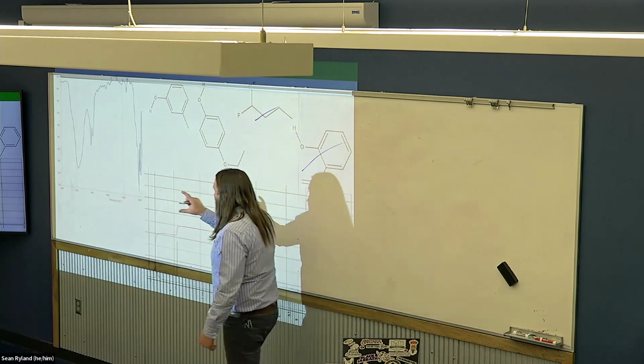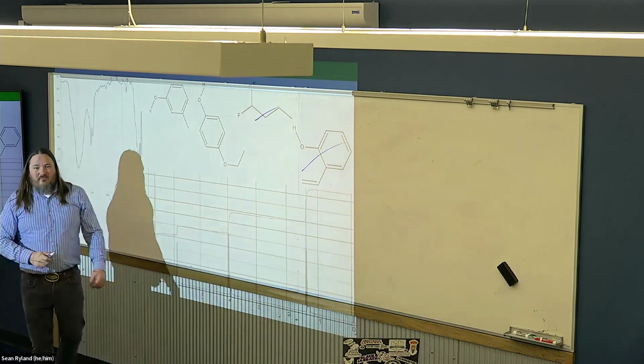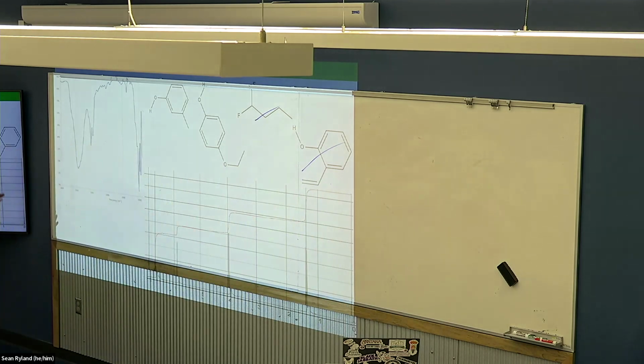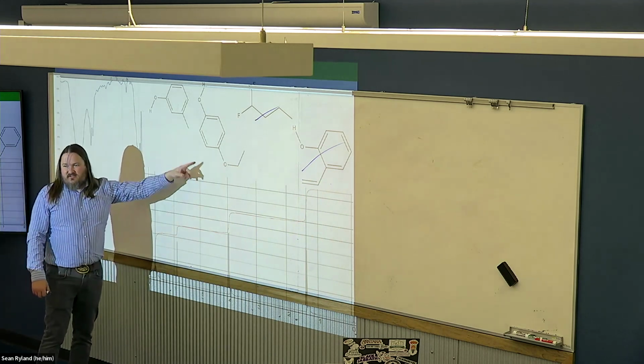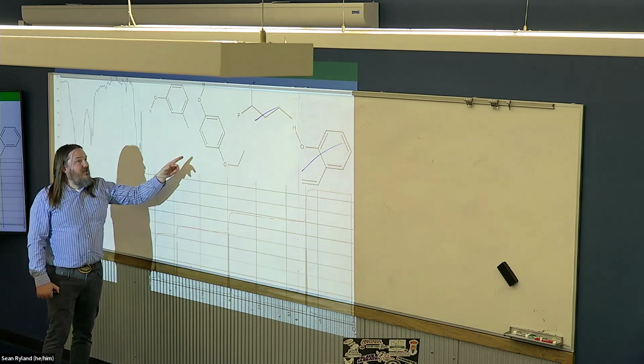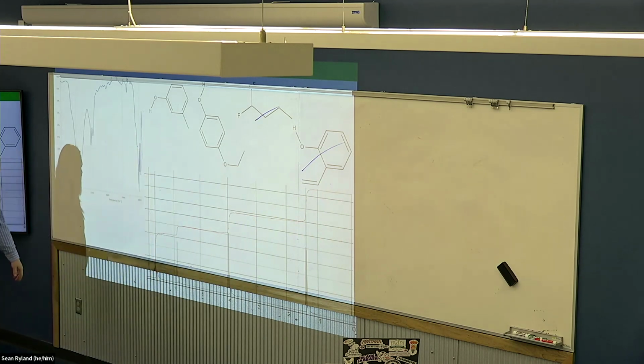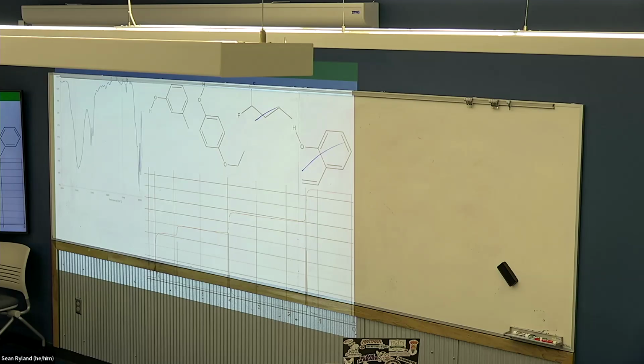So this is where IR is really useful, in terms of narrowing things down, and then getting the specifics. These two are both fairly similar molecules in a lot of ways, right? So this is where NMR might end up being more useful to decide between these.